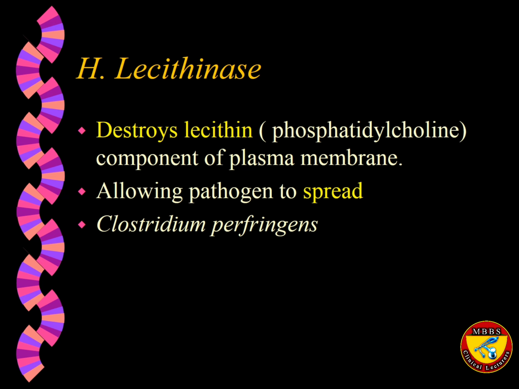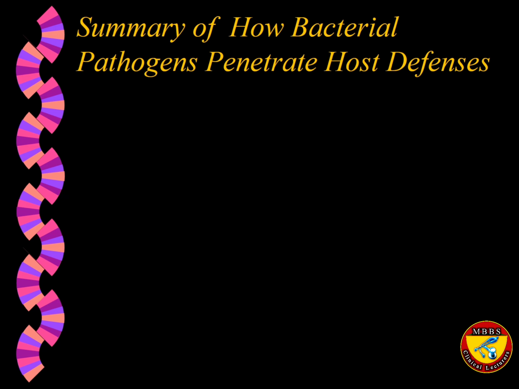Coming towards the end, there is another enzyme called lecithinase, which destroys lecithin and allows the pathogen to spread. It's a property of Clostridium perfringens. So, in summary, what we discussed today is how bacterial pathogens penetrate the host defenses by means of different virulence factors.